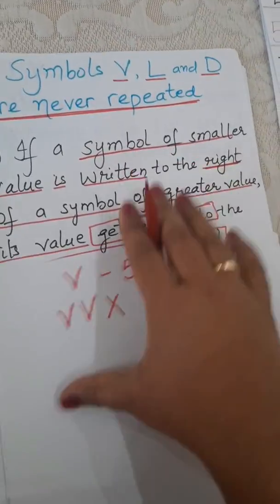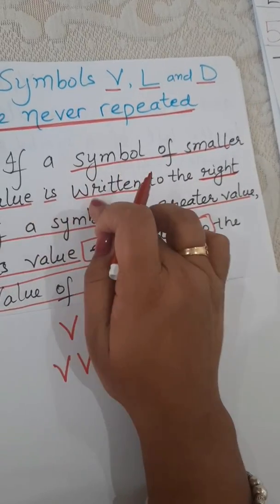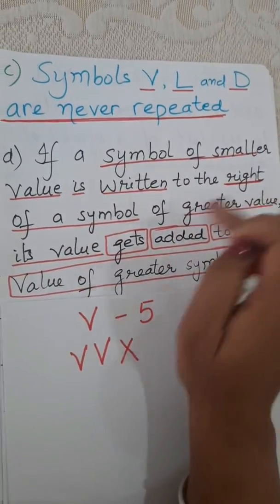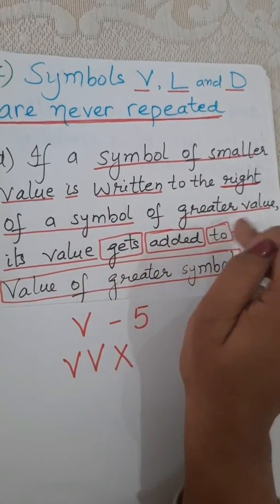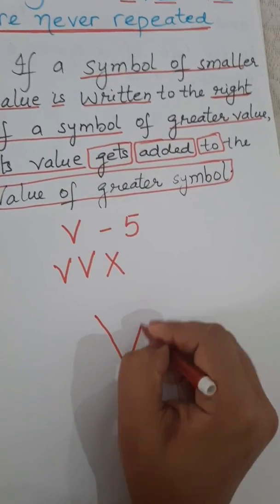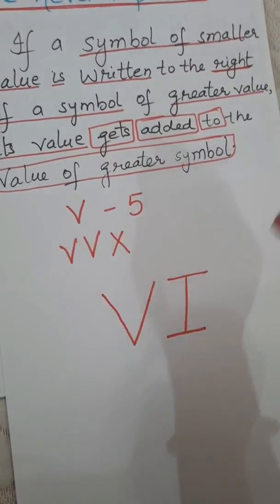Now the D part is, the next rule is, if a symbol of a smaller value is written to the right of a symbol of a greater value, its value gets added to the value of the greater symbol. Suppose we have V, I. Now link this rule with this.